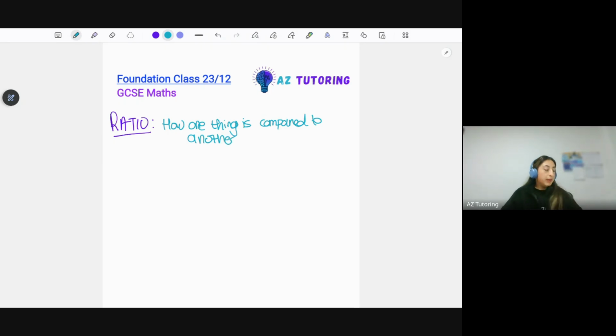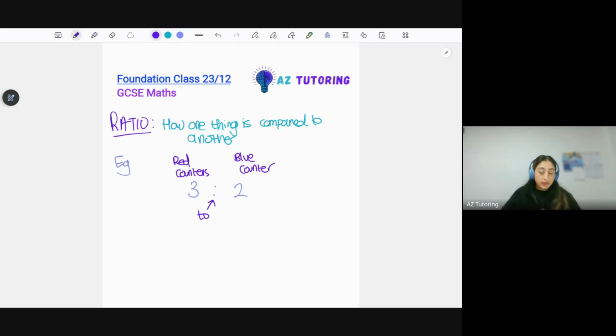So for example, if I give a real life example, I have 3 to 2 red counters to blue counters. That sign here just reads as "to". So you would say 3 to 2.